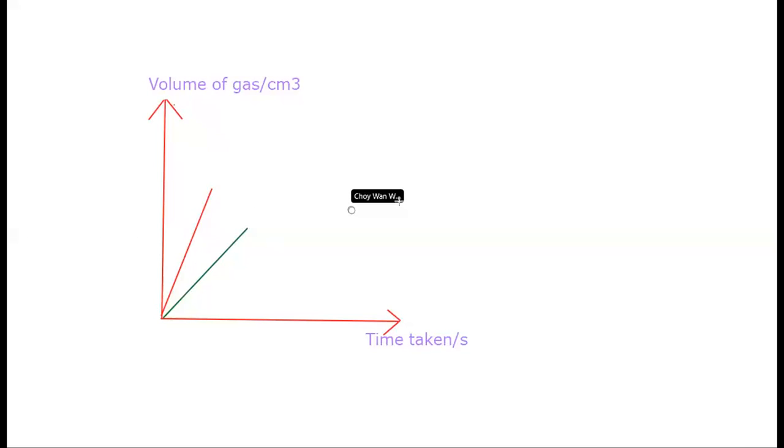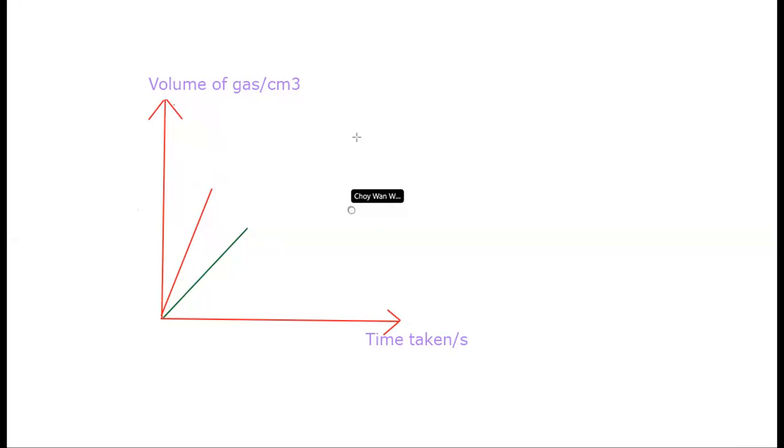Actually, the total volume of gas released, the maximum volume of gas released, will be the same. Okay, what's the reason? Why will it be the same? Because for these two sets of experiment, they are using the same volume and concentration of the solution.